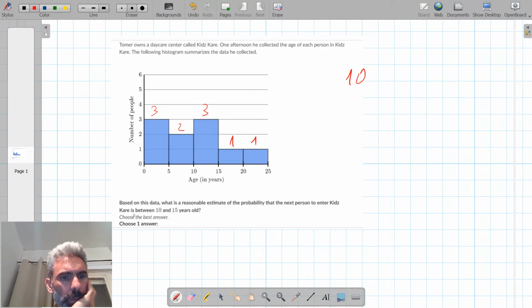Okay, so kids between 10 and 15, there are 3 of them. So 3 out of 10 are kids between 10 and 15.